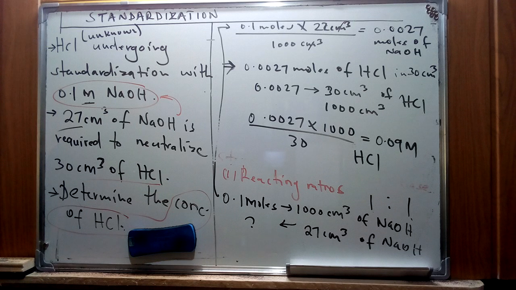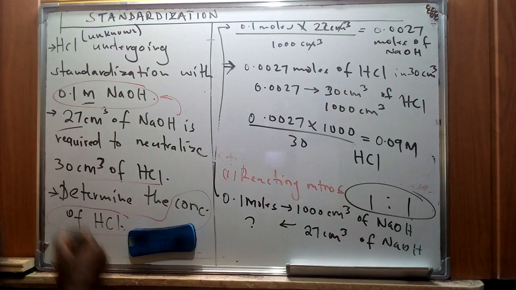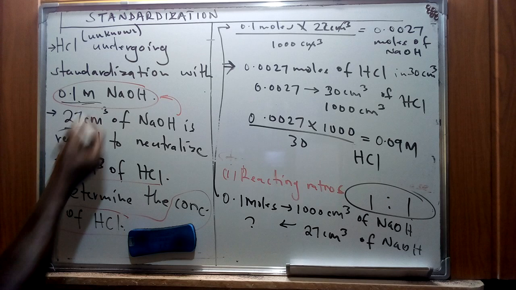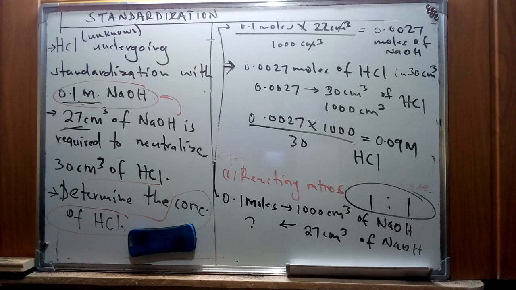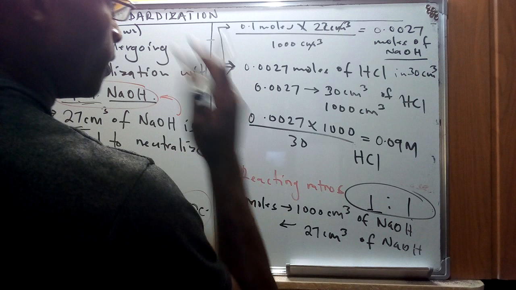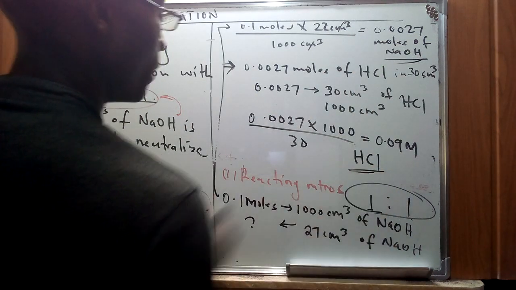So from this we have seen that the reaction between HCl and a base, sodium hydroxide, can give us a stoichiometric relationship whereby the reacting mole ratios are 1 to 1. Having been given the concentration of the base and the volume of the base that was used, we can use the relationship between volume and number of moles to find the number of moles of the base used, and from the ratio the number of moles of the acid reacting with it.